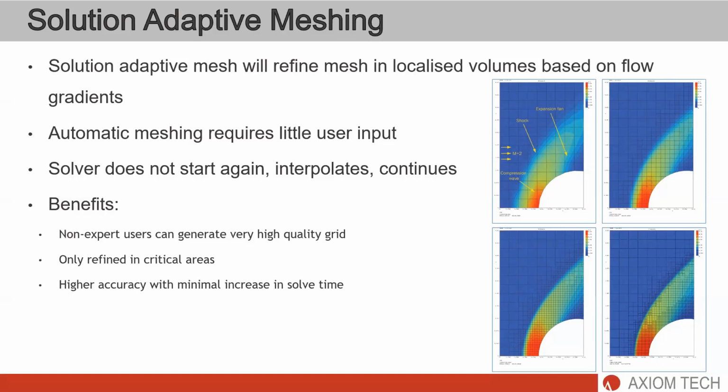The solver will continue from when the refinement occurred, interpolating the result on the new mesh. The benefit of this technology is that the complexity of gridding is removed from the user. They don't have to be a meshing expert, which is critical for most traditional CFD tools.